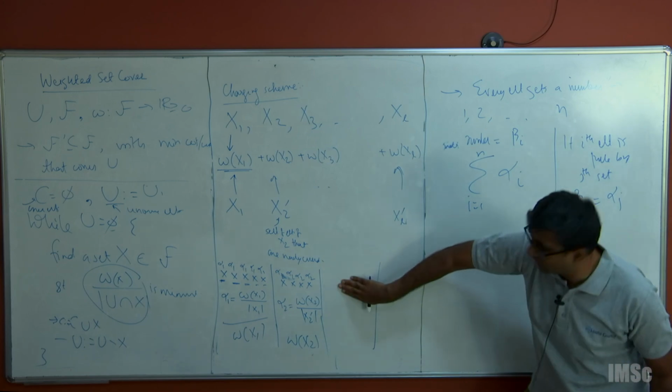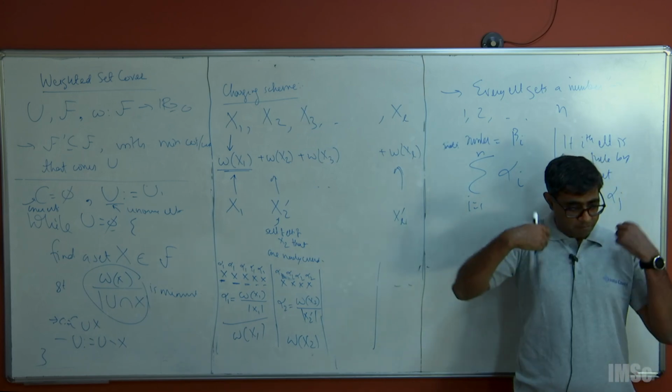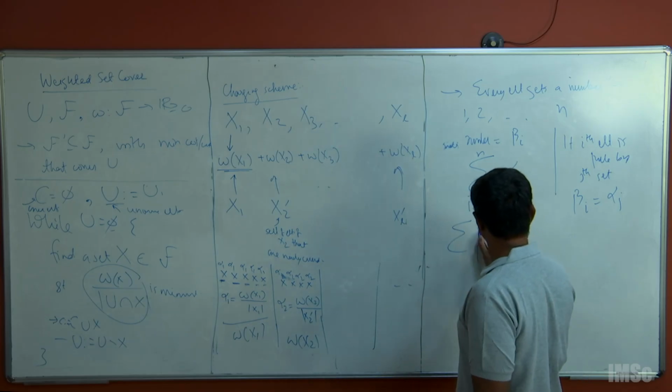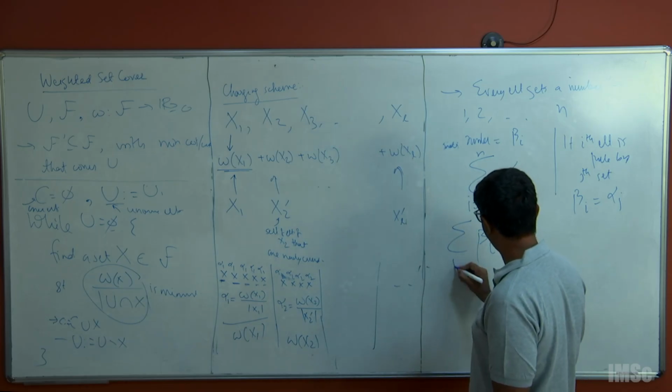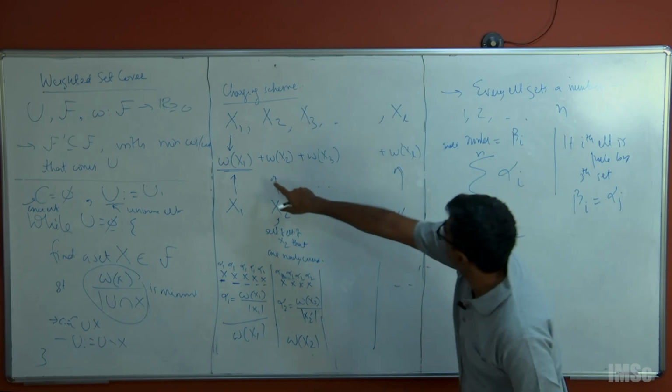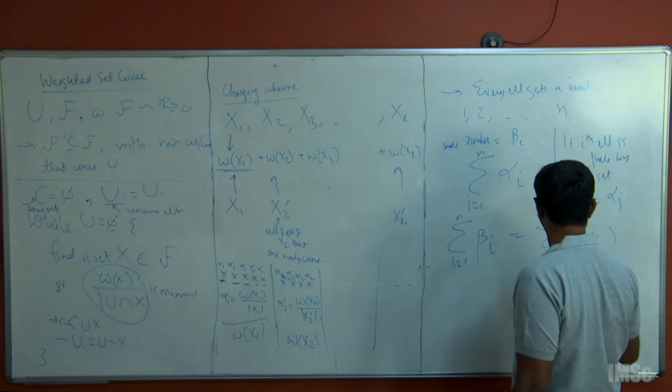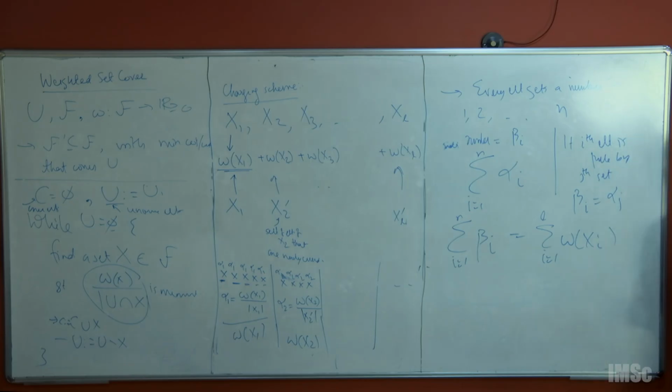So if I am picked by this set, this is what it is. But now if you sum over the beta i's, i going from 1 to n, it is equal to the summation over weight of xi, i going from 1 to L. Is everybody okay with it?